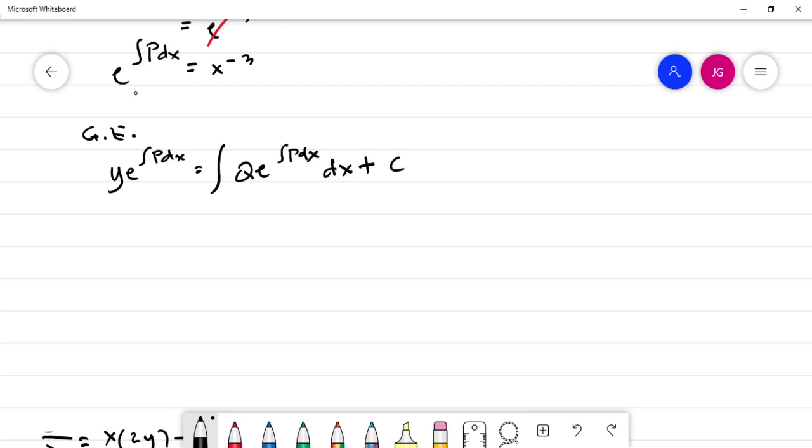So we have y multiplied by x raised to negative 3, that is our e raised to integration of p dx, equal to the integration, and q you can see above.